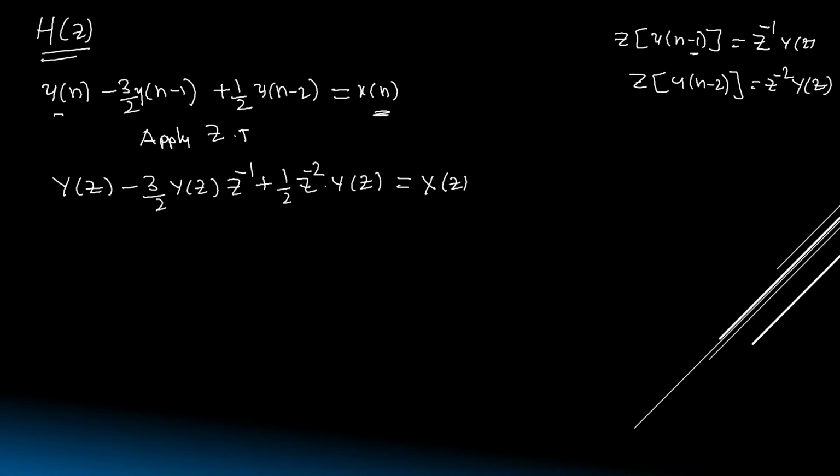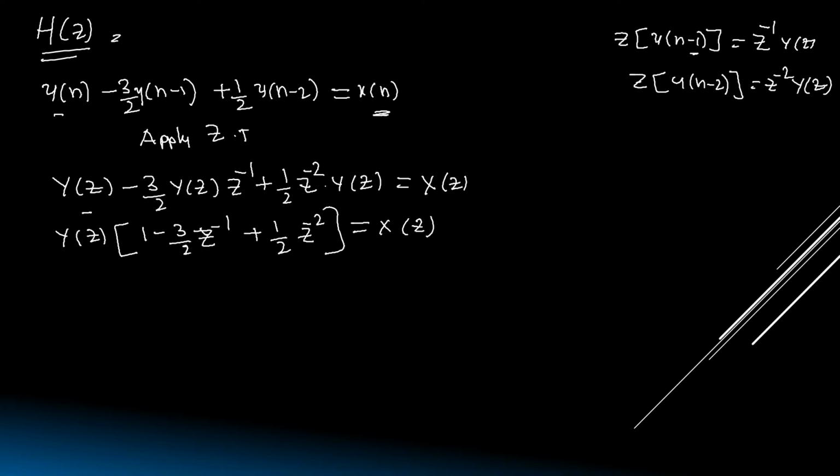Take Y(z) common from the left hand side: Y(z) times (1 - 3/2 z^-1 + 1/2 z^-2) is equal to X(z). What we need is H(z), which is Y(z) by X(z).